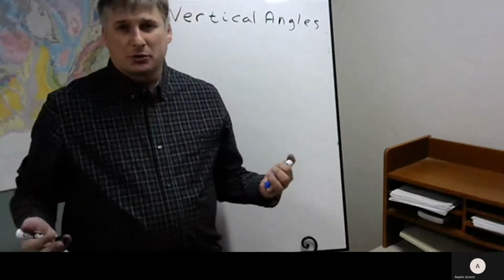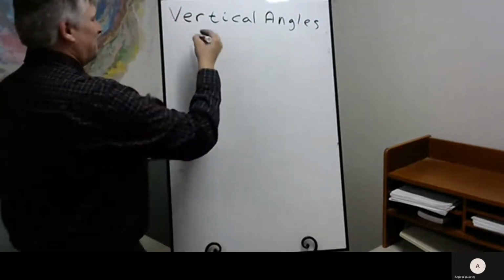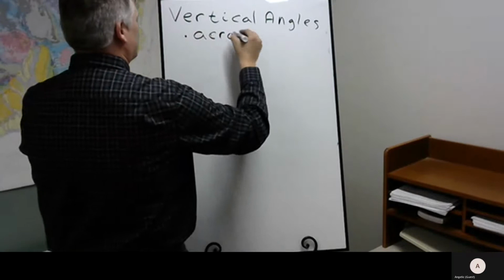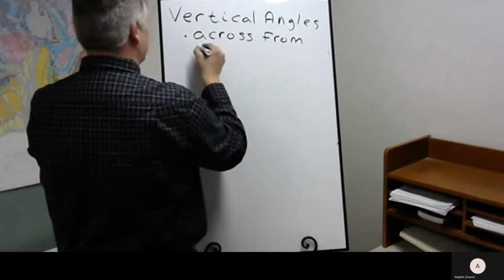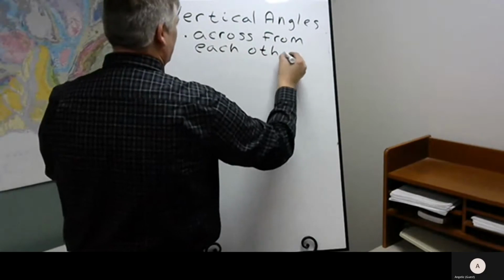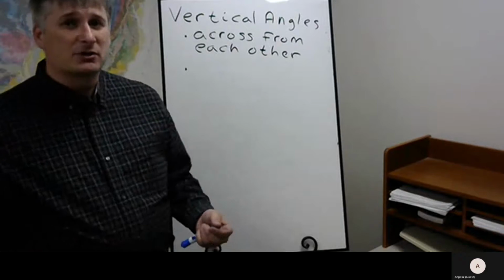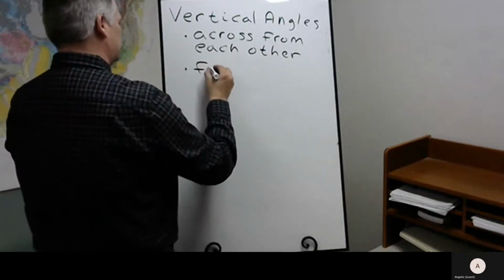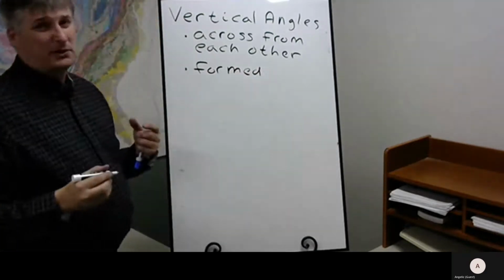But these are angles created by the intersection of two lines. So they're across from each other. And they're formed by the intersection of only two lines. So this is a very particular situation.